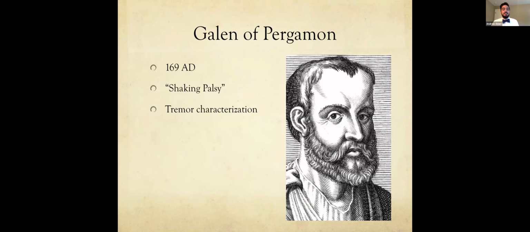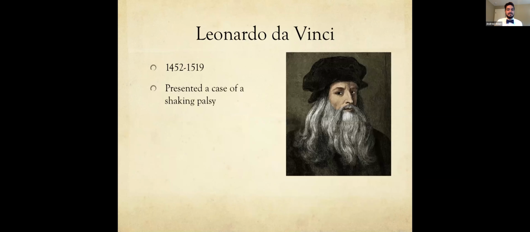The next notable mention will not come in for another 1300 years by a character that we all know pretty well, but maybe not for this reason. And that is Leonardo da Vinci. Leonardo da Vinci presented a quite detailed description of the shaking palsy as a combination of difficulty with voluntary movement and tremor.